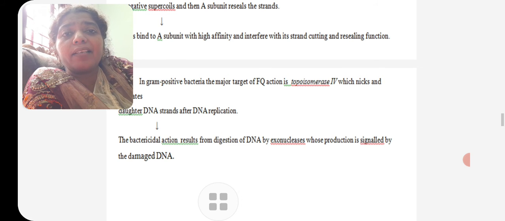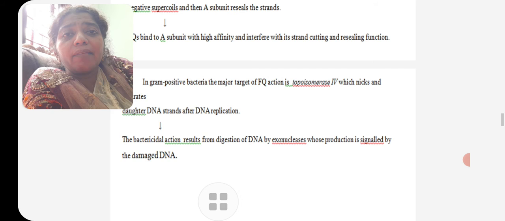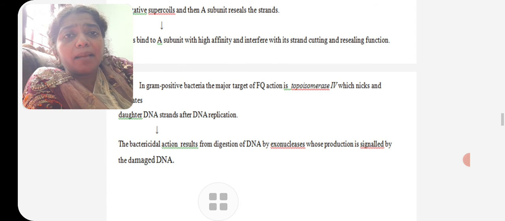Finally, there will be digestion of the DNA by exonucleases whose production is signaled by damaged DNA. Since the introduction of negative supercoiling and everything is inhibited, there will be production of damaged DNA.